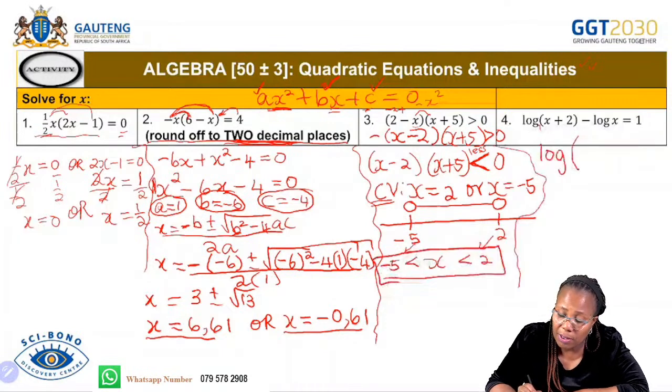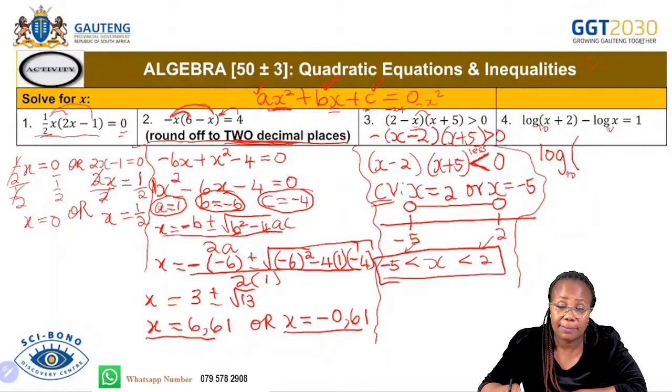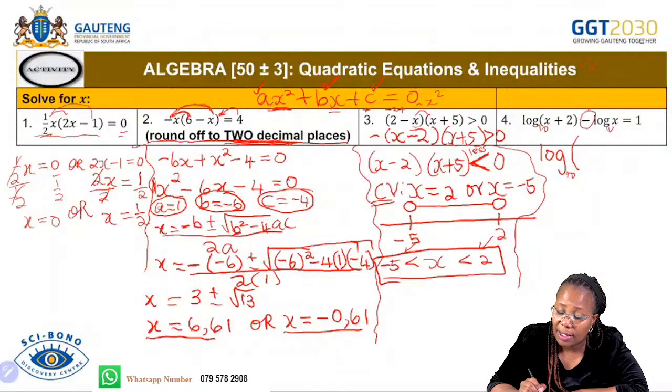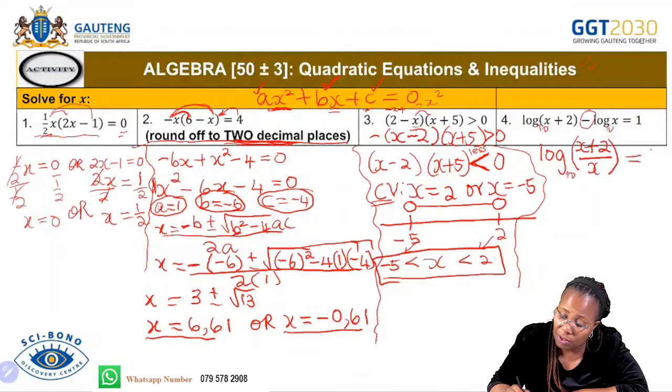Remember, they are both base 10, and this will also be base 10. Remember, if a base is not written, it's base 10. Now in the bracket, because we are subtracting, it will be x plus 2 divided by x. You know the rules, grade 12. We are applying those log rules, and then equals 1 there.